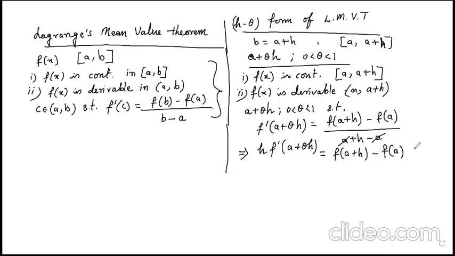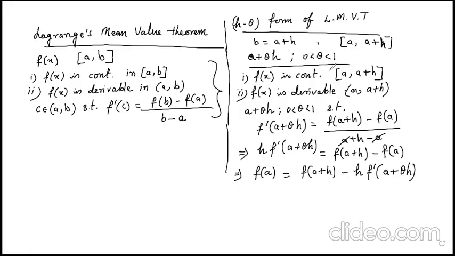So now if I write it in this form, let us take f of a on this side. So f of a plus h equals f of a plus h f dash a plus theta h. Is it okay, what I have written?